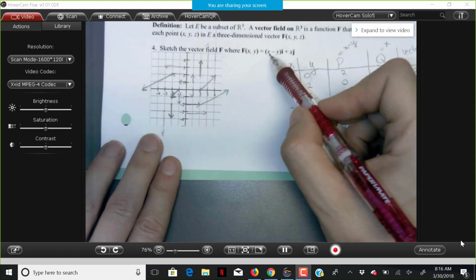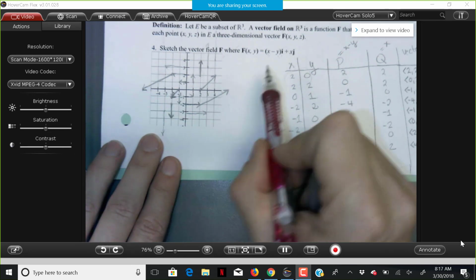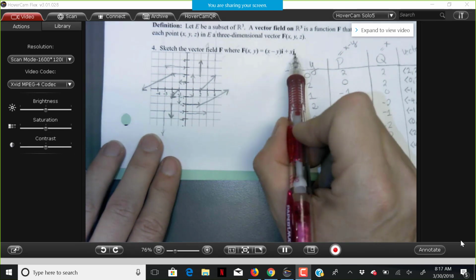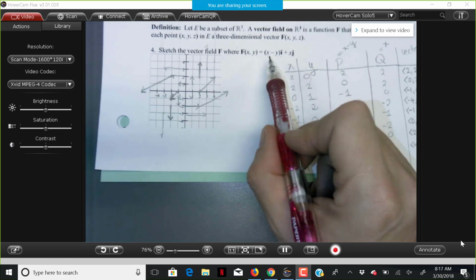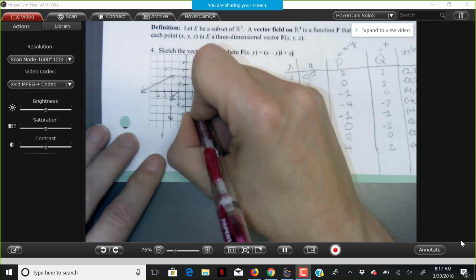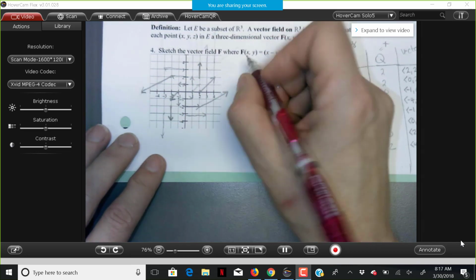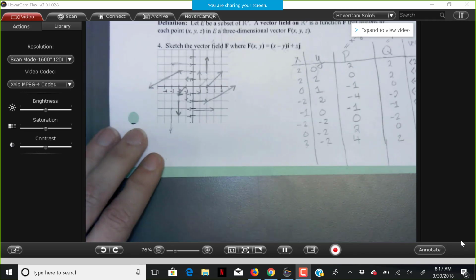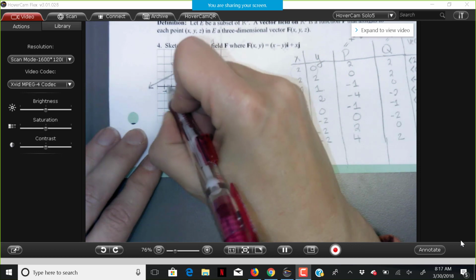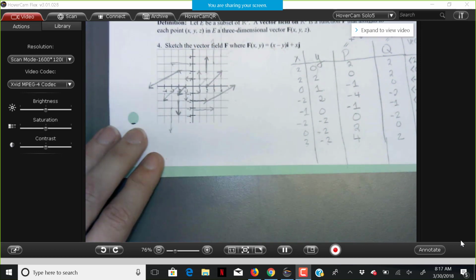And if you're right on the x-axis, where the y is 0, then you get the same component both times, x. So you either get 1, 1, 2, 2, 3, 3, 4, 4, or if you're on the negative side, -1, -1, -2, -2.